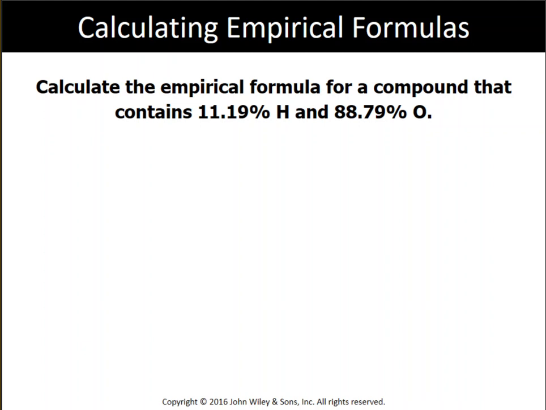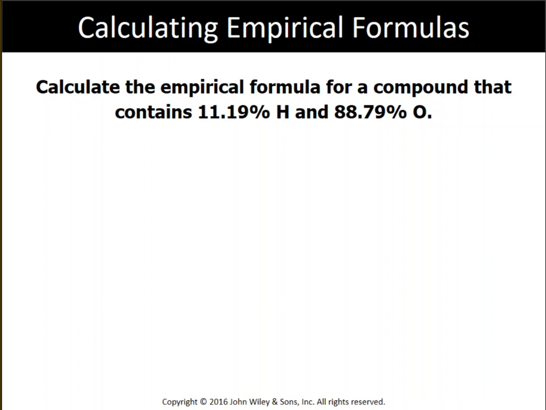Now, when it says 11.19% hydrogen, we can just assume that we have 100 grams of material. So if you have 100 grams of compound, in that 100 grams, 11.19 grams is hydrogen, the rest of it is oxygen. And it doesn't matter if you have 100 grams, 50 grams, or 25 grams, because percent composition is a ratio.